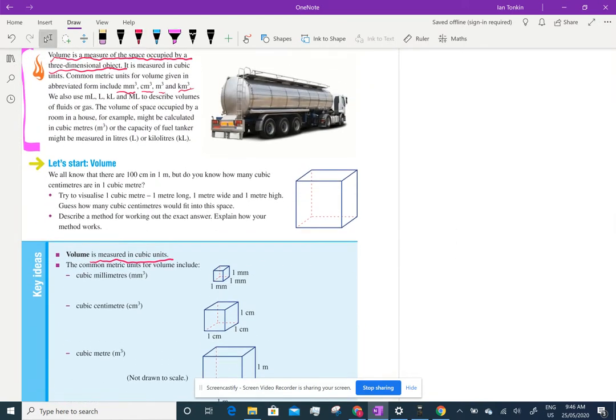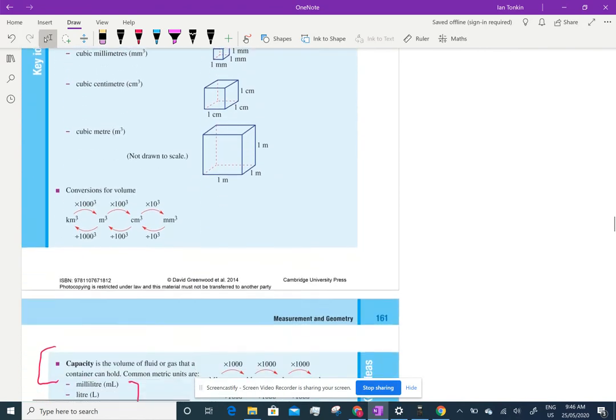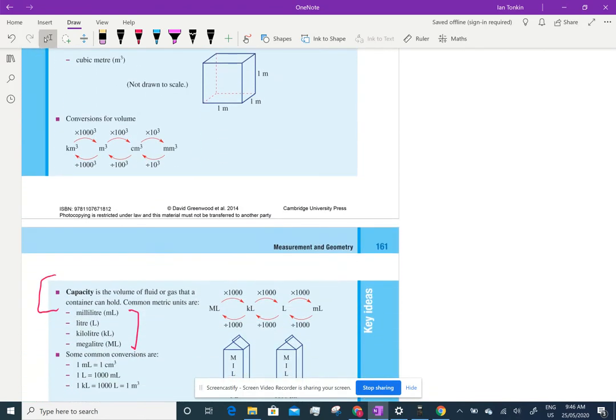So now we have an understanding of volume, the space inside or occupied by a three-dimensional shape, and capacity is particular when we talk about fluid or gas, and it's how much a container can hold, its capacity.